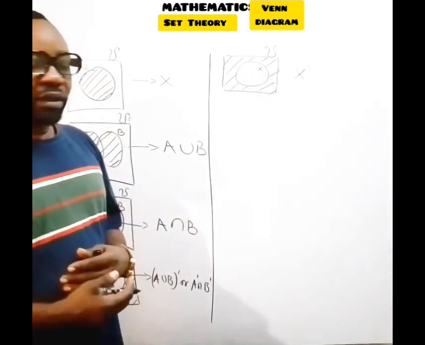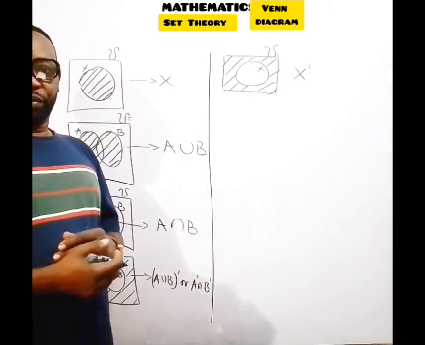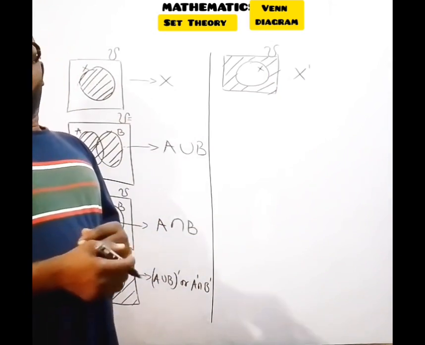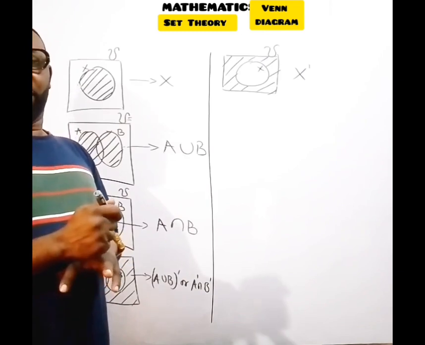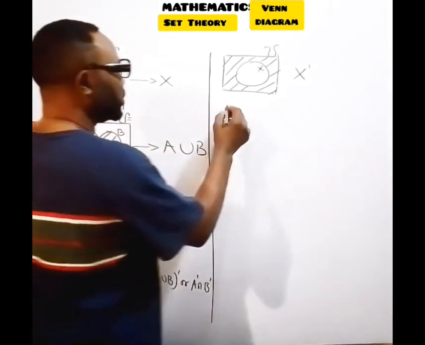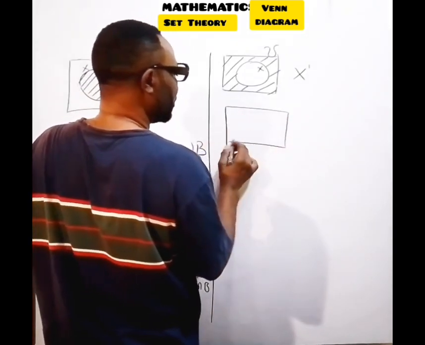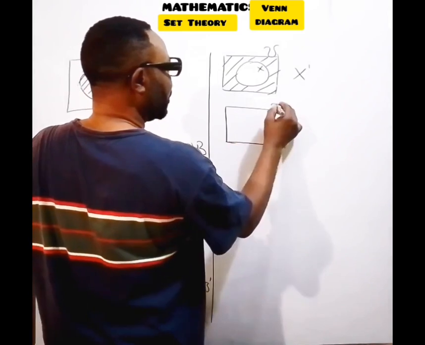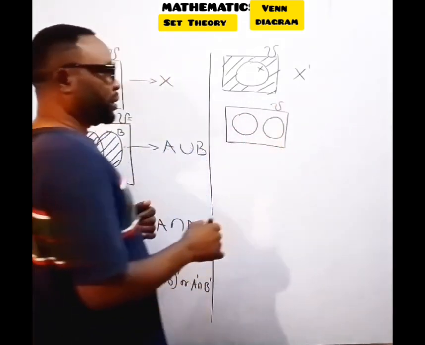Take note of that. So also, if you have a kind of diagram of this nature, like this with this universal set, what is the meaning of this?